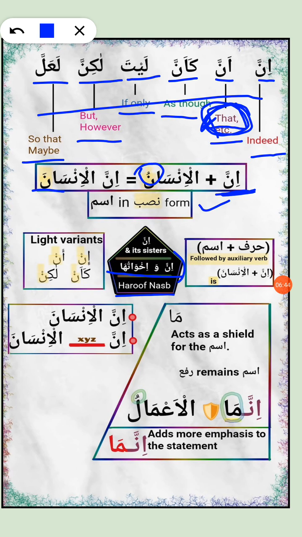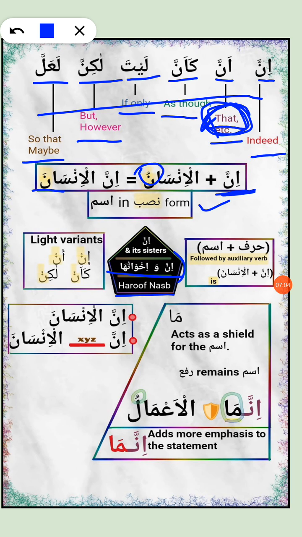Similarly innallaha. You will never find innallahu or innallahi anywhere. It's a huge blunder in the grammar world. So it's always going to be innallaha and so on and so forth. Innal insana, for example. That's the first point.